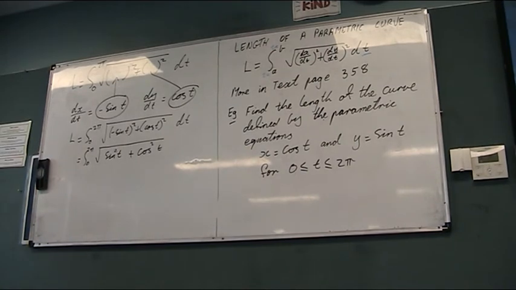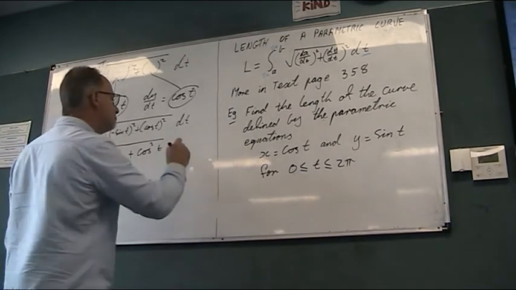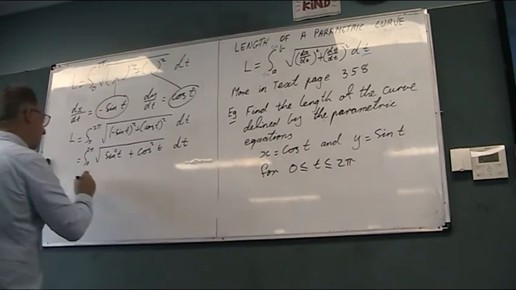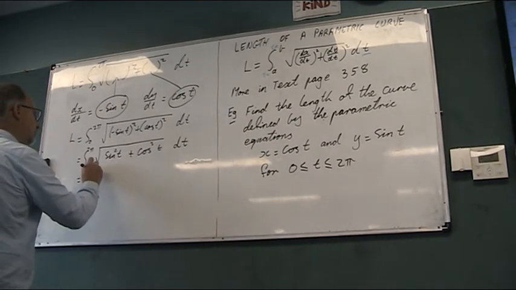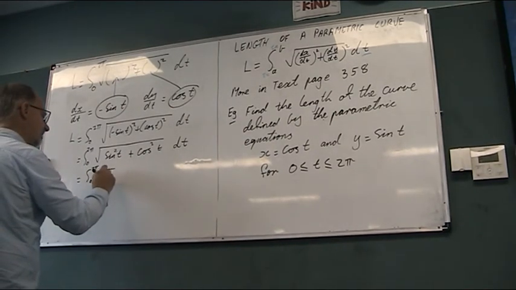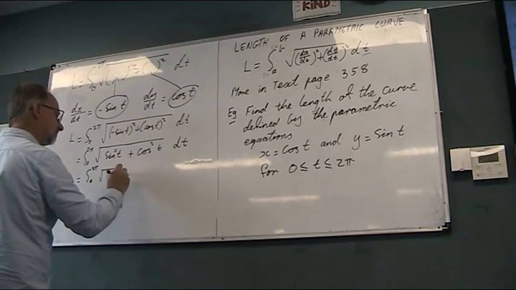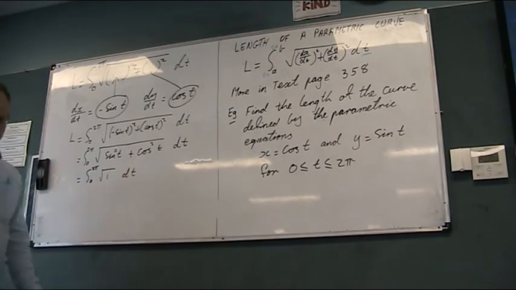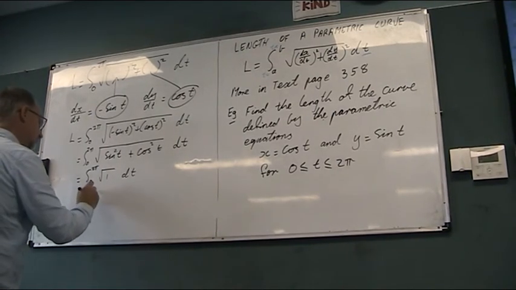And sine squared plus cos squared is? Yep. So integral from 0 to 2 pi of the square root of 1 dt can be simplified further to 1.